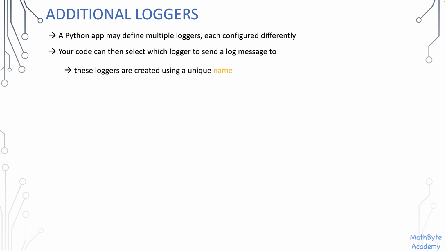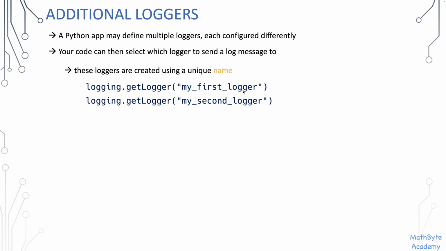But you can put a string in there, and that string can be the name of the logger, and it can be anything you want. So you can say logging.getLogger, my first logger, or my second logger. I can have those two loggers created in my application, and at any point in time, I can send an info or an error or a warning to either of those two loggers, right? It's up to you. This is the code that you're writing.